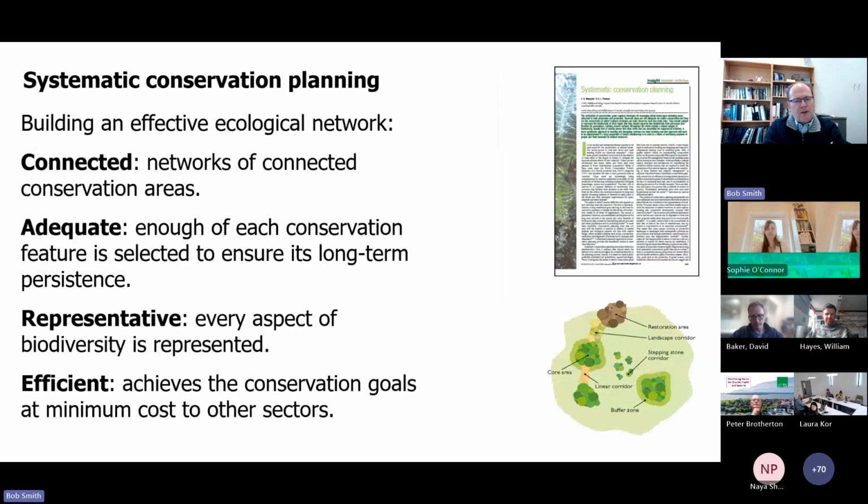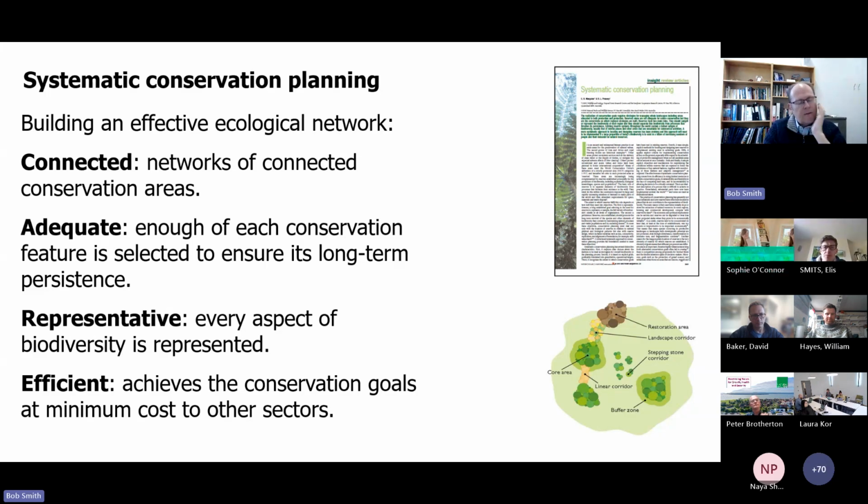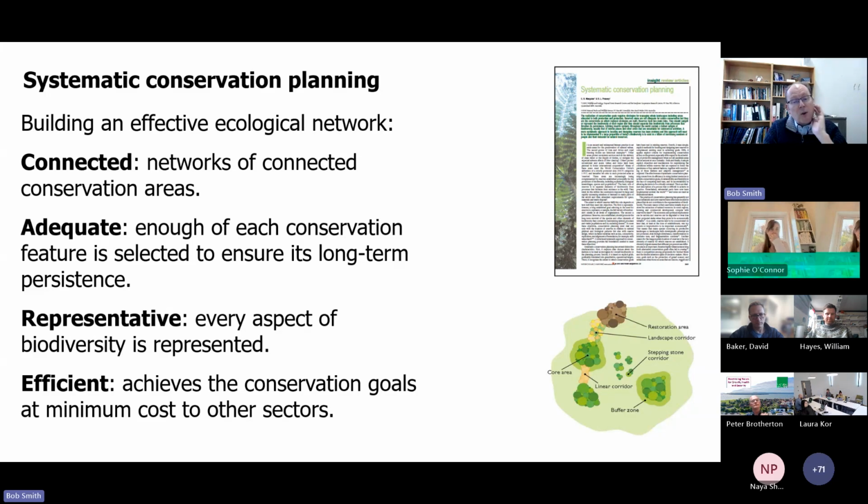And there are various versions of this acronym of CARE, but this is the one that I like best, which is that as part of this, we are aiming to produce effective ecological networks that are connected, which is fairly self-explanatory, adequate to make sure that we've got enough of everything, enough of each conservation feature to ensure its long-term persistence.